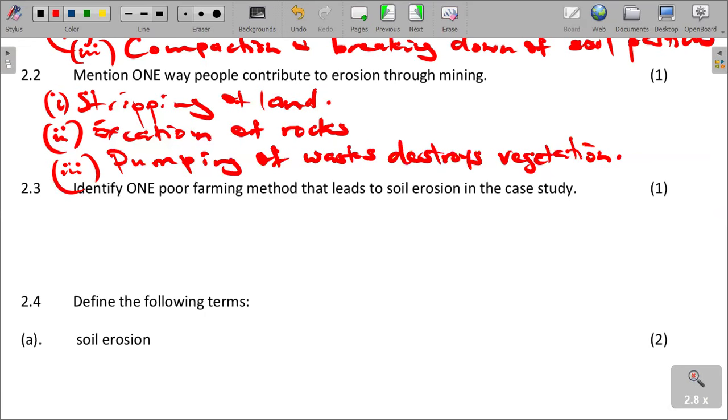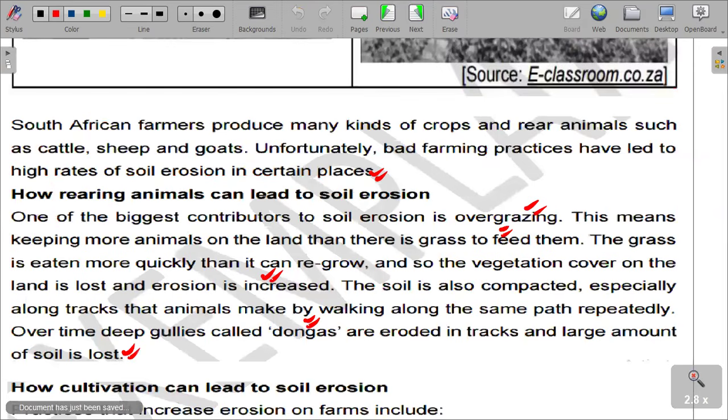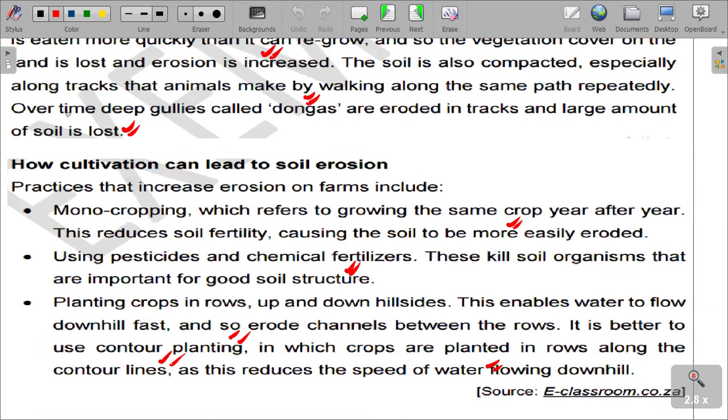Identify one poor farming method that leads to soil erosion. In this case study, we have talked about the methods, such as rearing animals, monocropping, using pesticides, planting in rows up and down hill. These are methods that can increase erosion.